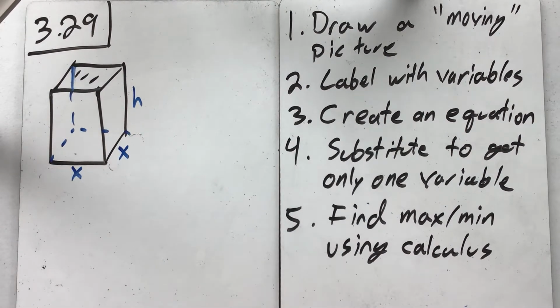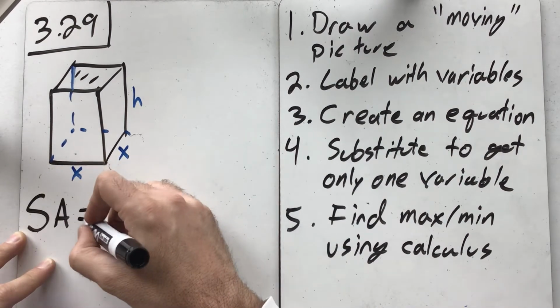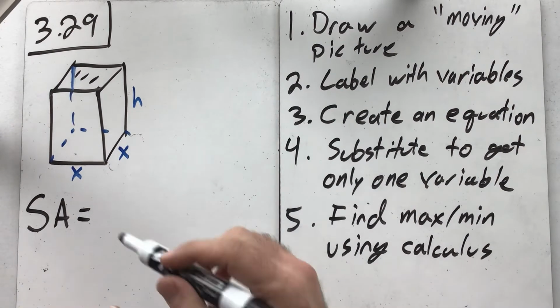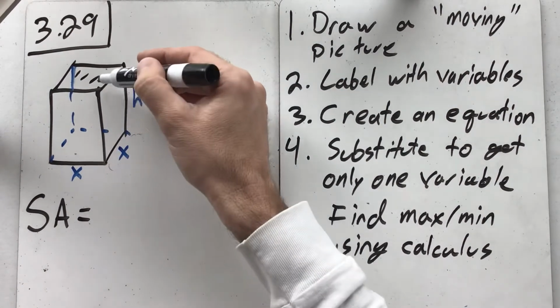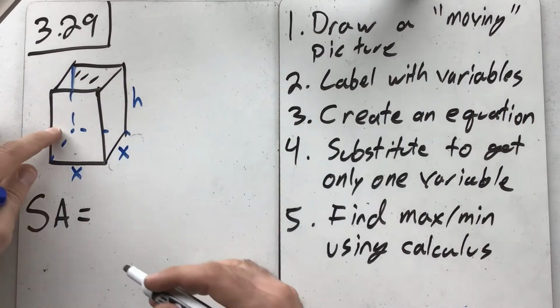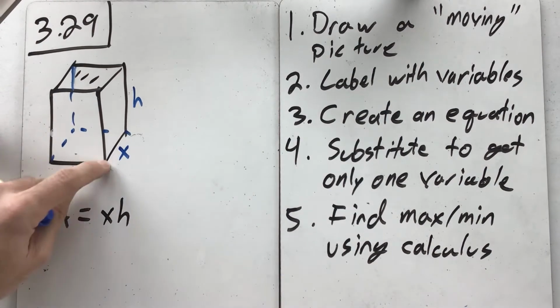Now what we're trying to do is create an equation. First we're told what the volume is, but the equation we actually want is the surface area equation. Can we calculate the surface area? The answer is yes. We just have 5 surfaces, and we add them all together. The front face has an area of x times h.